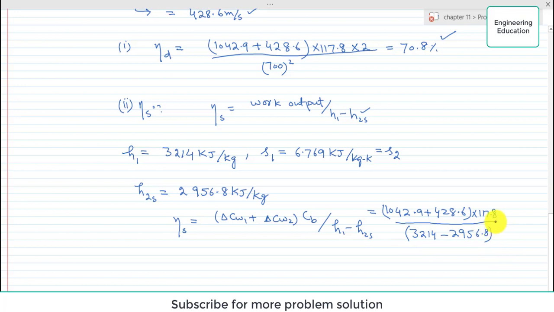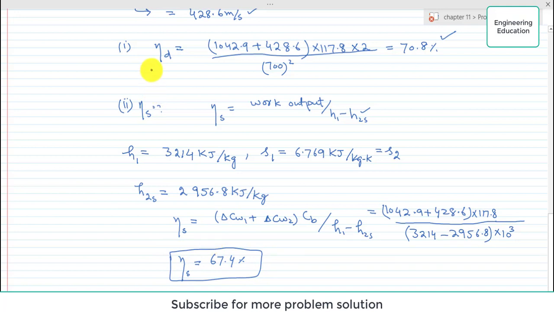So to convert kilojoule per kilogram into joule per kilogram, we will multiply 10 raised to power 3 or 1000 with this figure. So the value of stage efficiency calculated from here comes out 67.4%. So this is the required value of stage efficiency.